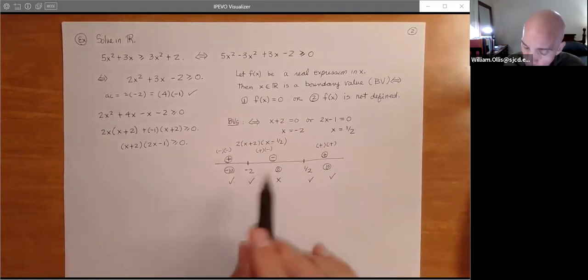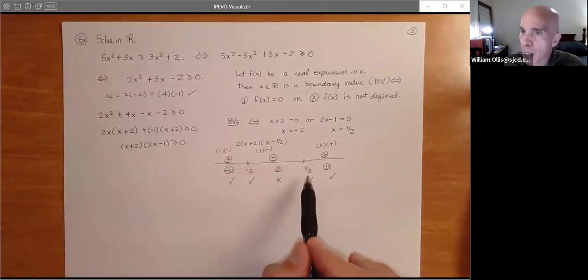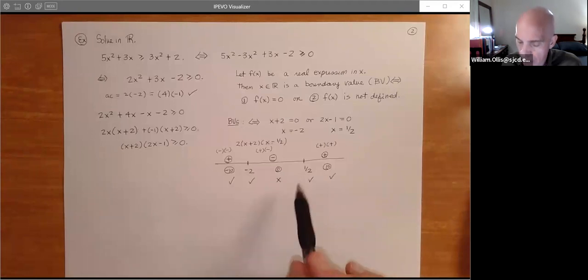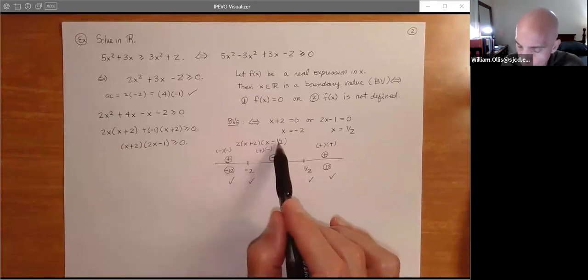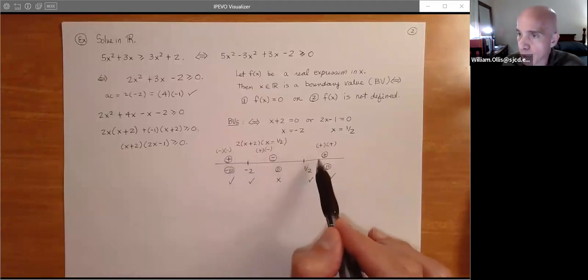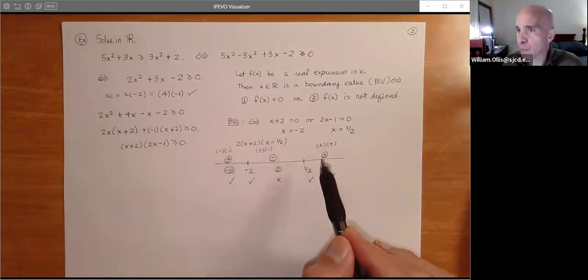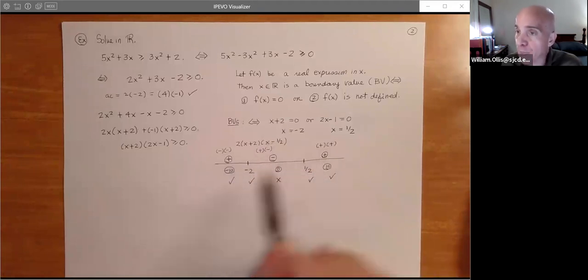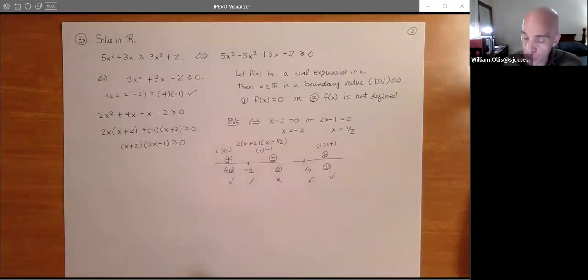So when you think about this, this number line replaces the chart. You can do the factored version here and then keep track of the factors above the region without having to draw an elaborate chart. And this gives you all the information you need. And so now you just follow the checks.